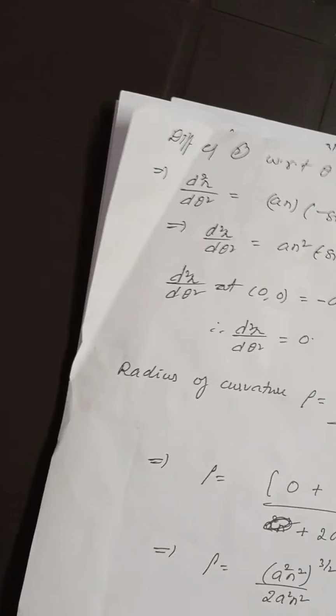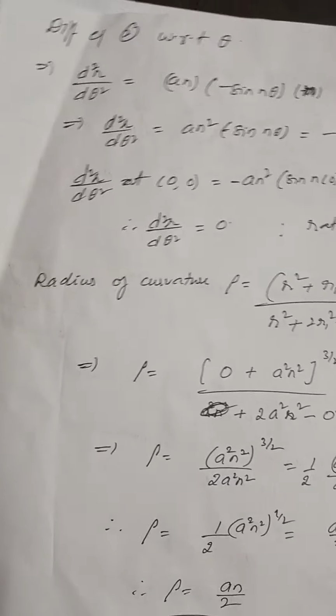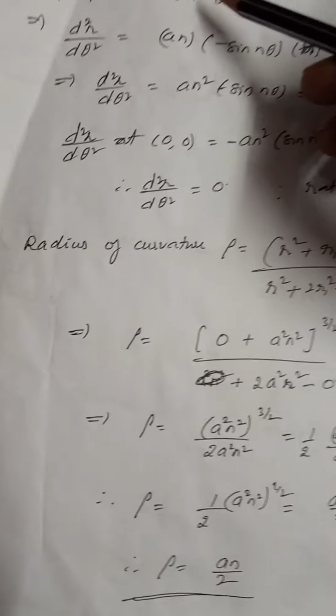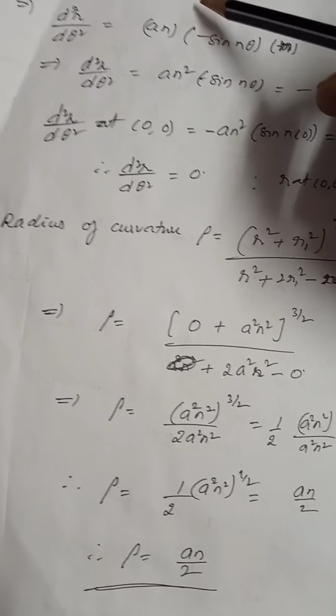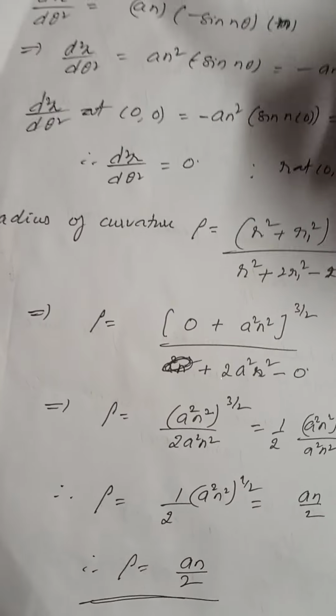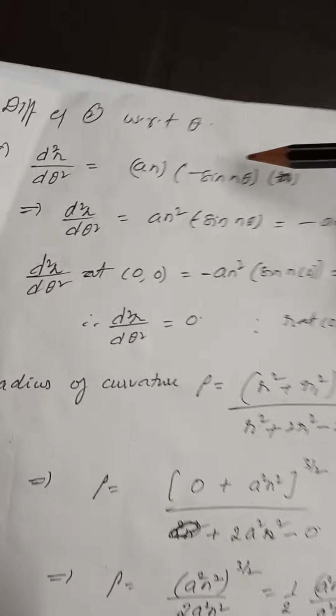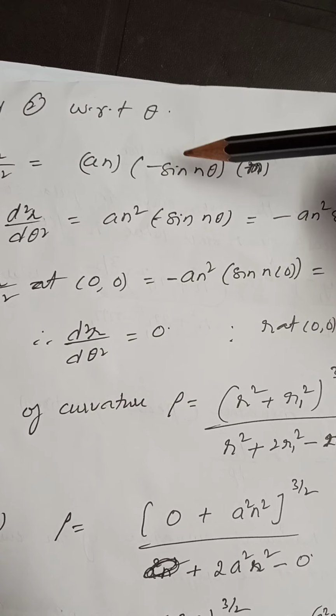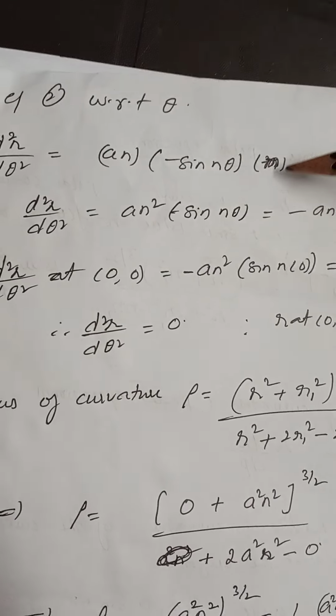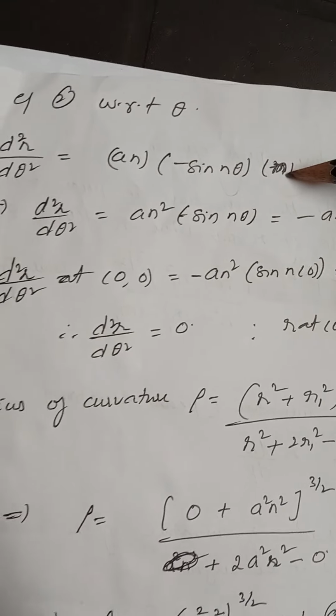Now, again you have to find r2. r2 is nothing but d square r by d theta square. Therefore, once again differentiating equation 2 with respect to theta, d square r by d theta square is equal to an into differentiation of cos n theta is minus n sin n theta into differentiation of n theta is n.